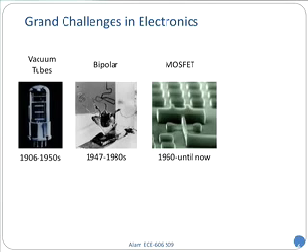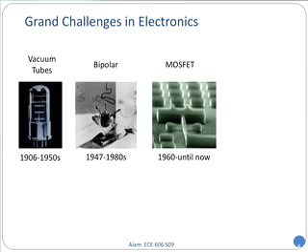Now each one of these transitions was, of course, distinguished by several Nobel Prizes. So these were big things. There are a lot of interesting things here. And what I'd like to convince you of today is that there are several Nobel Prizes waiting to happen. So maybe one of you.